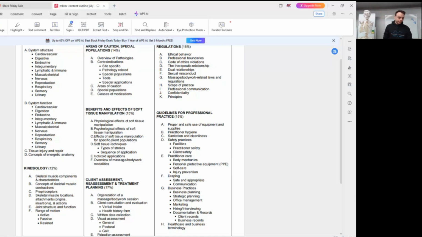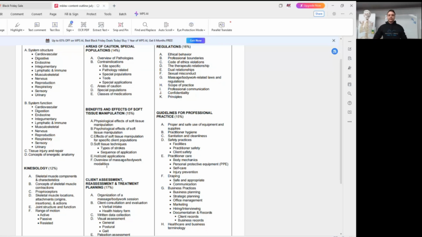Range of motion is the other topic within this category, which is very big and oftentimes pretty confusing to individuals, understanding the different types of range of motion. As it shows here, it's listed active, passive, and resisted.